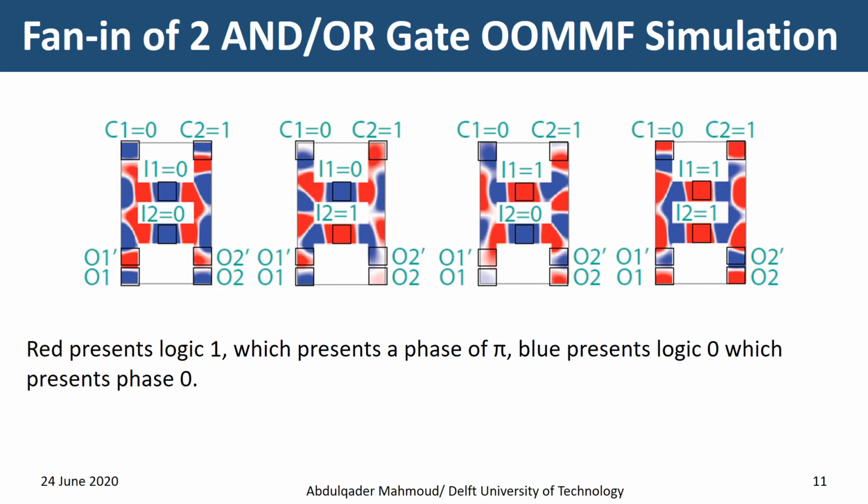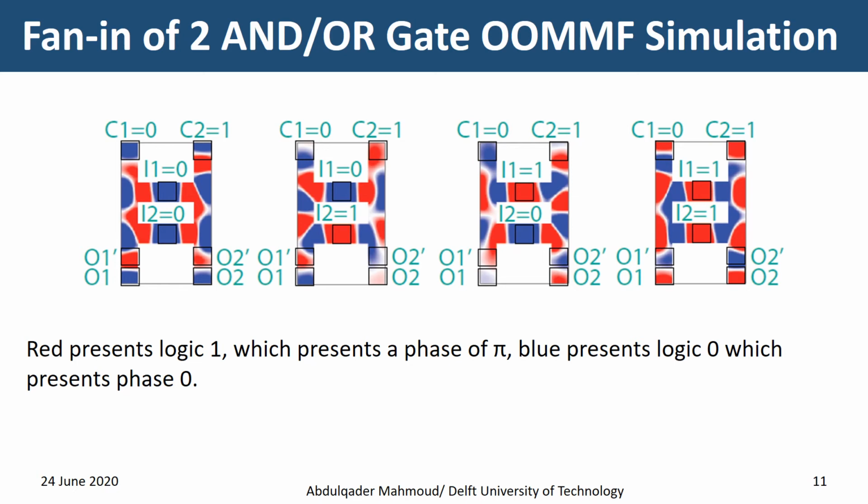Let's examine two cases. For example, the first case, 0, 0, then the output should be 0, as the AND of 0 and 0 is 0, whereas the NAND is 1. In addition, moving to the OR gate, 0 or 0 will be 0 again, whereas the NOR will be 1.